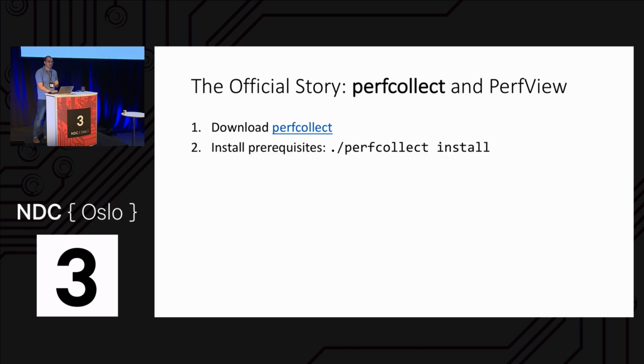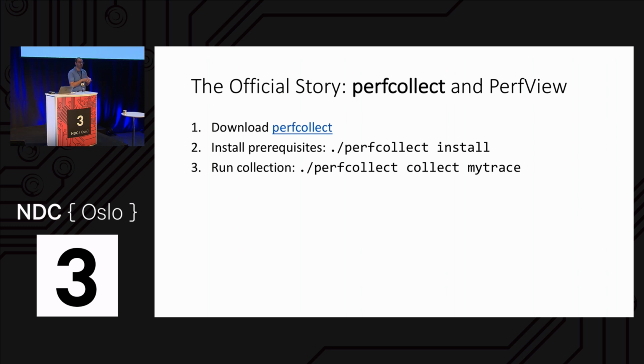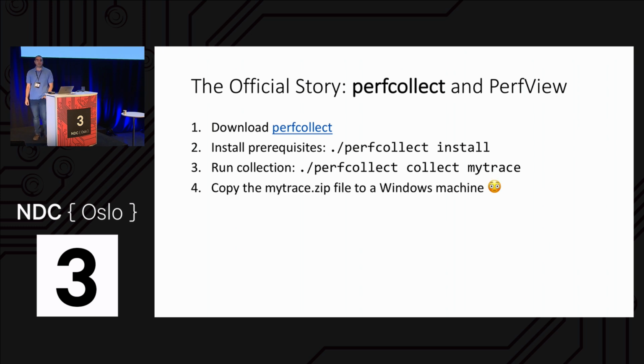It's a single bash script which you can use to install all the dependencies you'd need for actually doing performance work on Linux. And perf collect is easy. It's pretty easy to install all the prerequisites. And then you can collect performance information on a running system. Now, the bash script has some command line options, but I'm not covering any of those, and you'll soon understand why. So after you're done with the collection, you have a zip file.